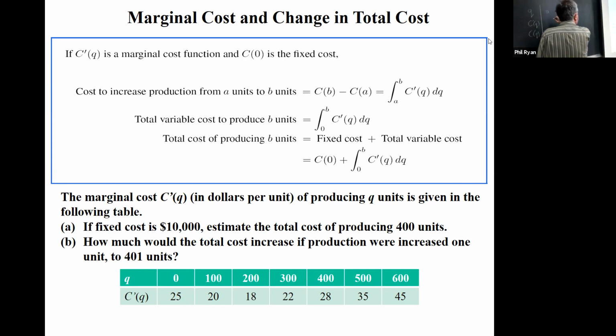So here we've got 0, was it every 100 up to 600. Okay, so let's just do the integration.